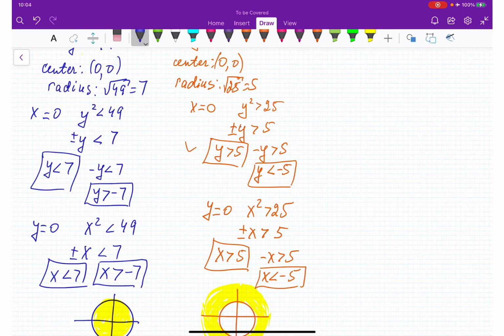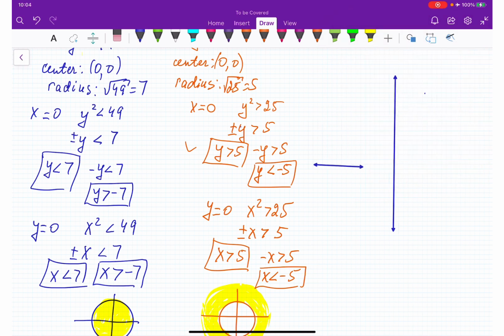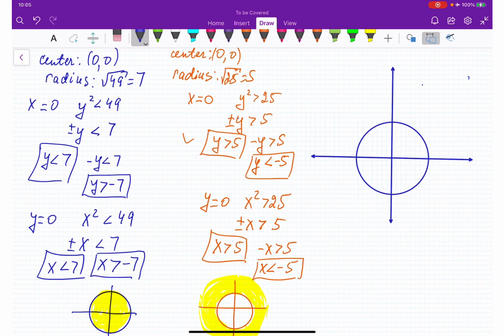So here we have this one, and let's say, first one, this is 5, negative 5, positive 5, negative 5, okay, these points.